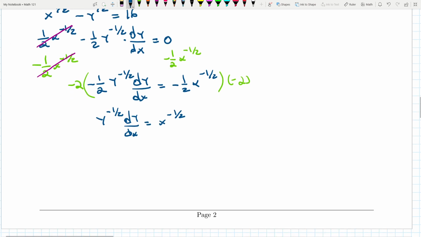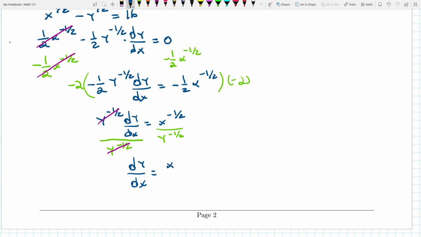And to get dy dx by itself, all we have to do now is divide by y to the negative 1/2 on both sides of this equation. Cancel, and dy dx will be x to the negative 1/2 over y to the negative 1/2.